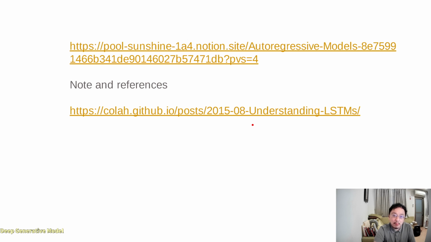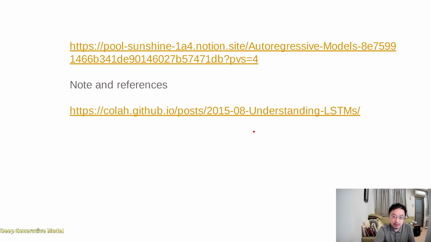I always recommend this article to students when we discuss RNN and LSTM, so they can understand how LSTM and RNN work.